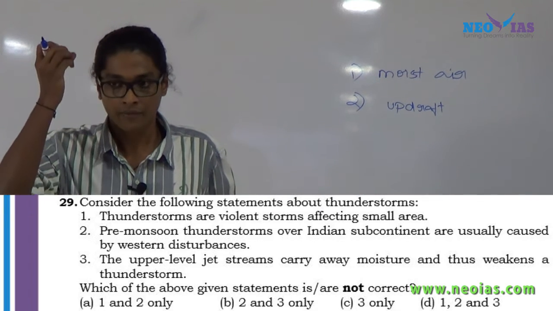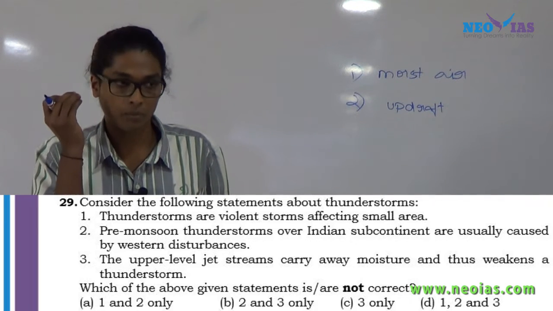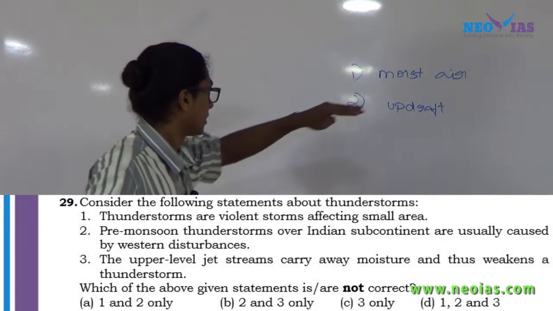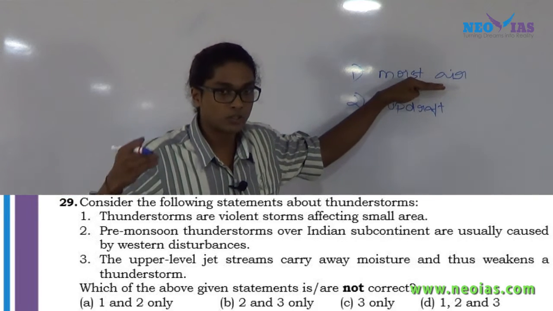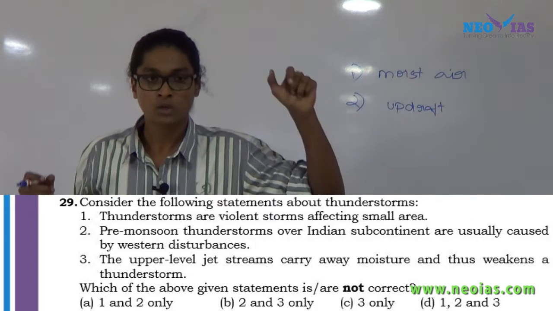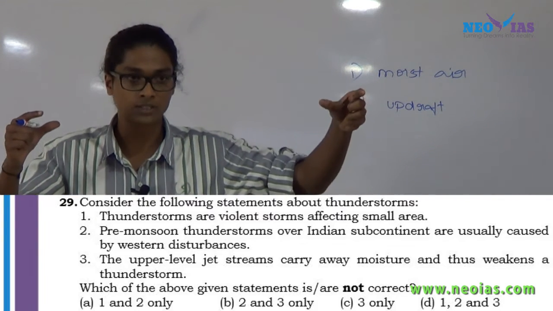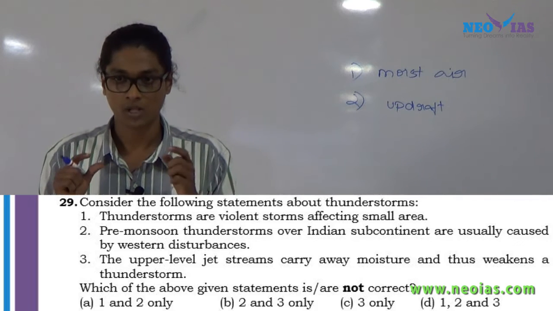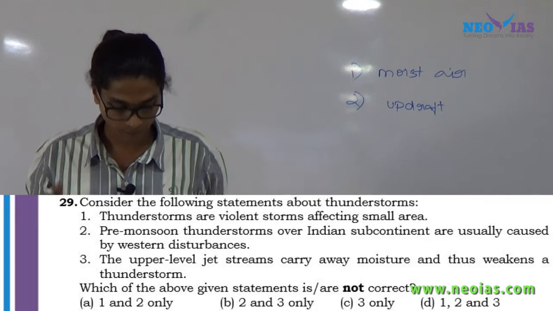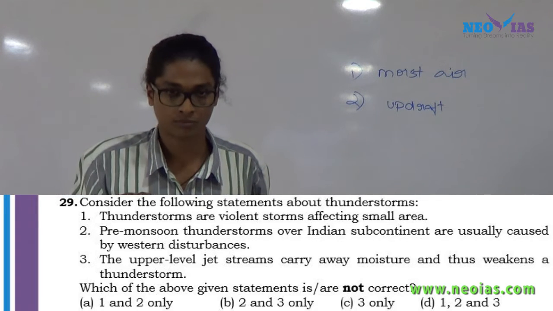When western disturbances come to our subcontinent in pre-monsoon months, they result in rainfall and provide the moist air needed for the formation of thunderstorms. So in the pre-monsoon months, you will see western disturbance and thunderstorms together in the newspaper. You can interlink them that way. We have already discussed that in the class, right? So if you know this, the second statement is true.